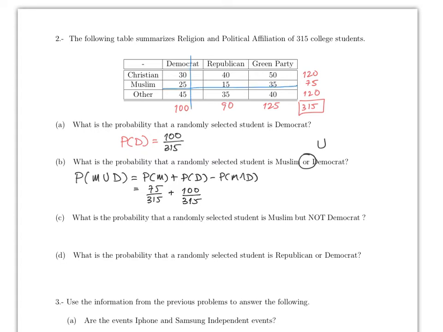So what is the point where they both intersect? Okay, how much is this number right here? 25, right? So that means you have 25 people that are Muslim and Democrat. So if you add all of this, how much do you get? It's 150 over 315. Is that correct?